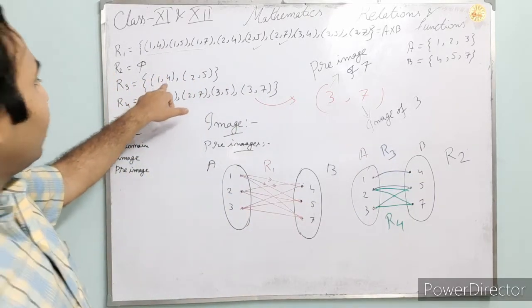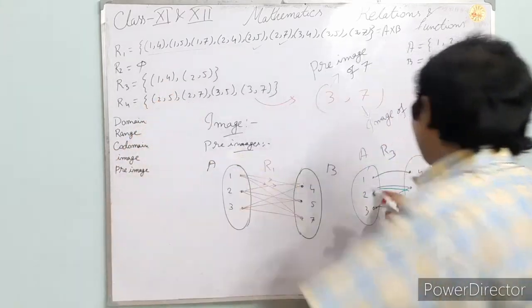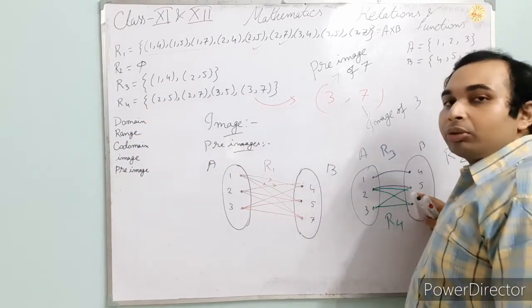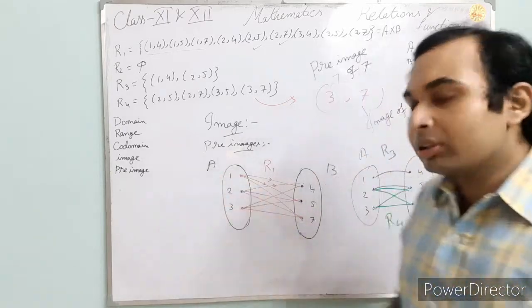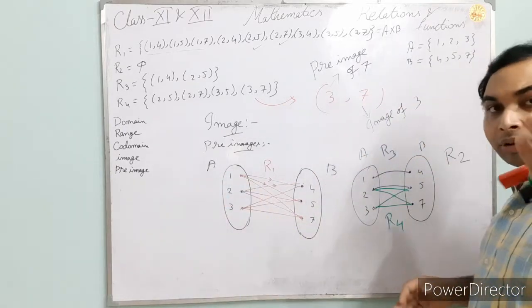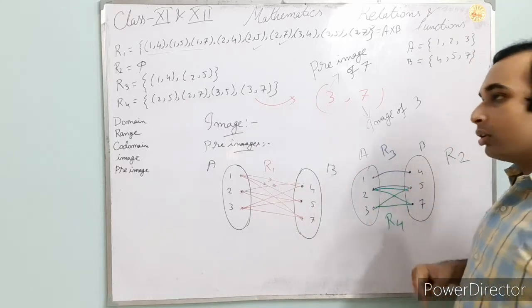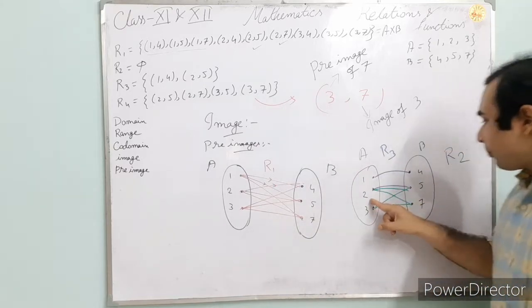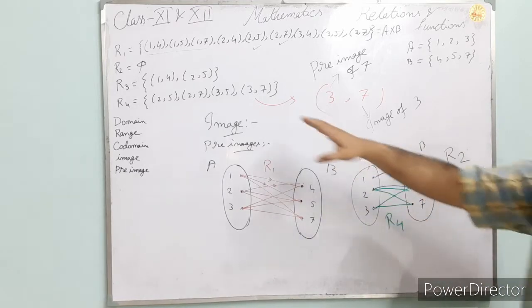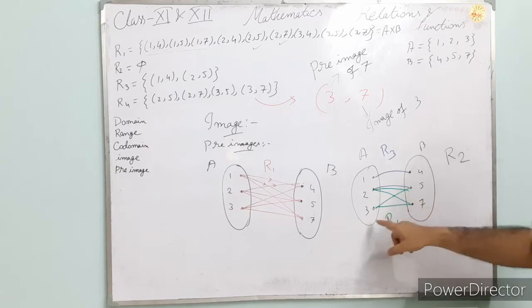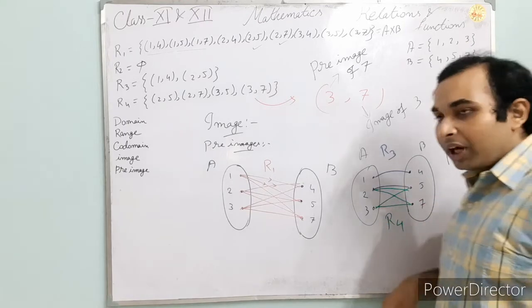For R3, just see 1 is making a relation with 4 and 2 is making a relation with 5. This is also called a 1-to-1 relation, or 1-to-1 mapping actually. I will tell you later, lots of relations are there. For R4, 2 is making a relation with 5 and 7, and 3 is also making a relation with 5 and 7.